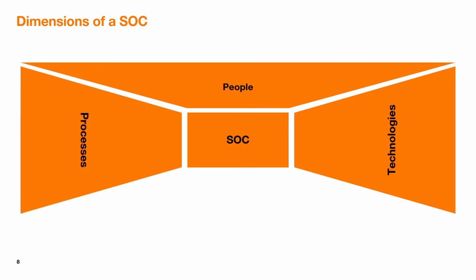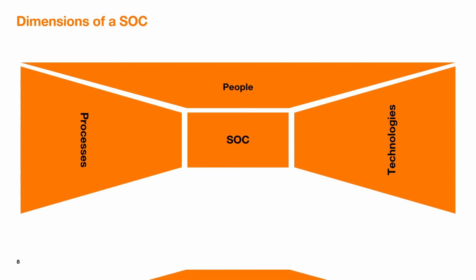The third dimension is the processes. So you need processes that ensure that you're informed on all changes in the network you try to protect and try to detect any attacks in. You need the processes for how to interact with other departments, and so processes are very, very useful.